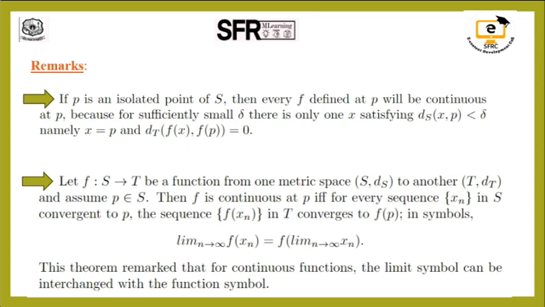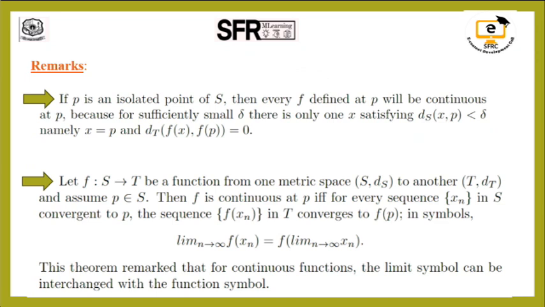Surely the distance between f of x and f of P is 0, because f of x is nothing but f of P. The distance between the same points is 0.